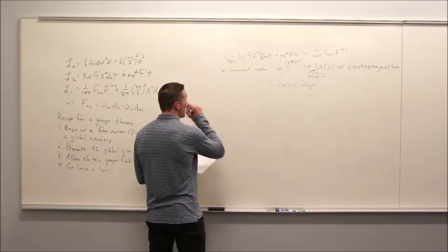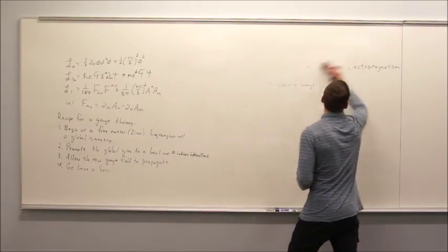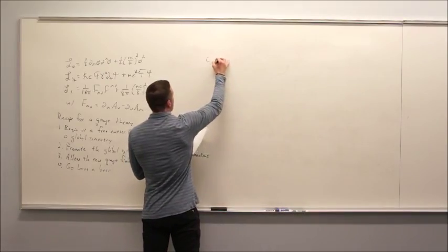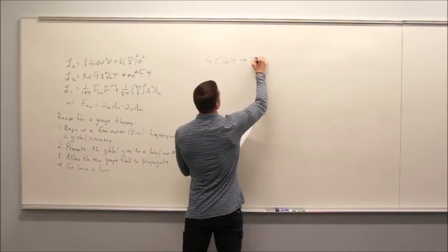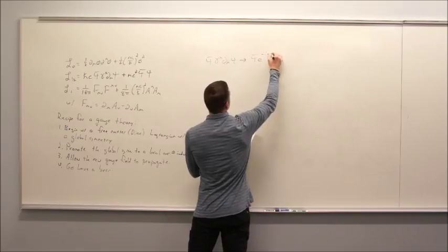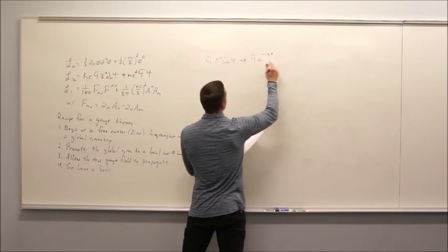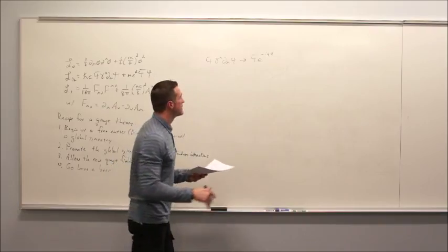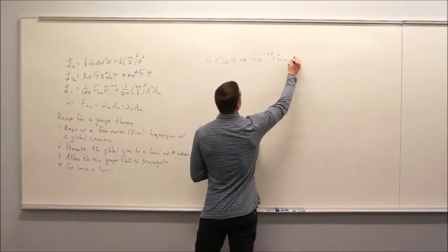So our original starting point, psi bar, gamma mu, d mu psi. So this failed. And when I write these phi's now, these phi's are functions of where you are. I'm just not going to write the coordinate dependence in the interest of time.